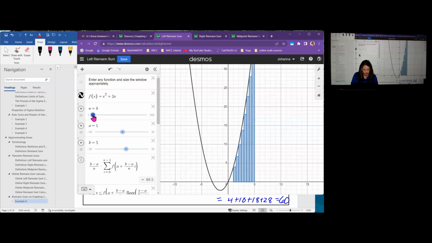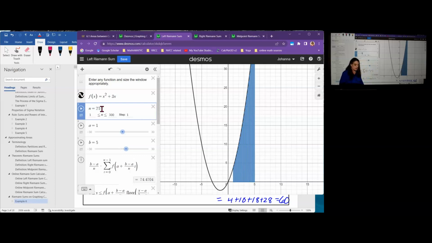Don't change the values of the interval, or you'll be looking at a different function. As I increase it, you can see that I'm getting closer and closer to the value of 77.3 repeating. You can also click inside the particular one to change it back to the number of boxes that you want.